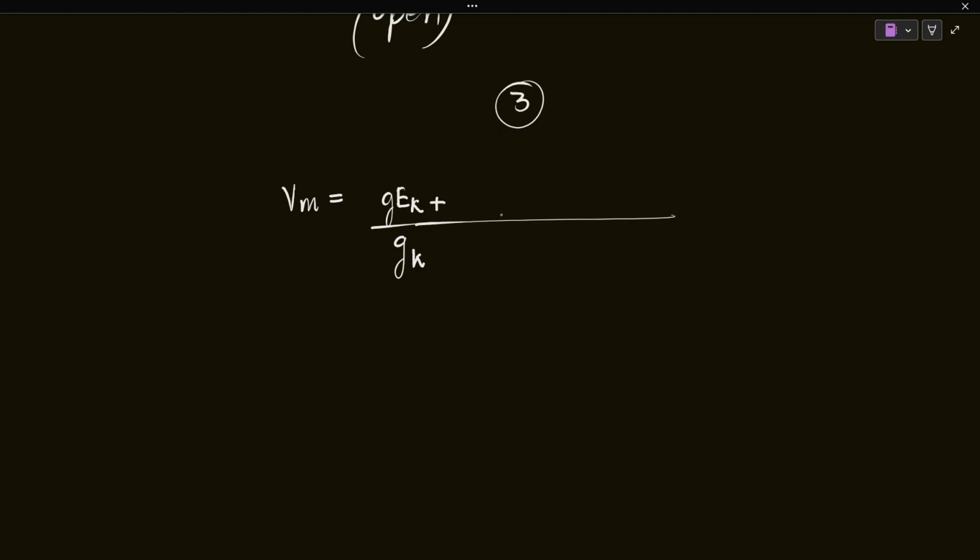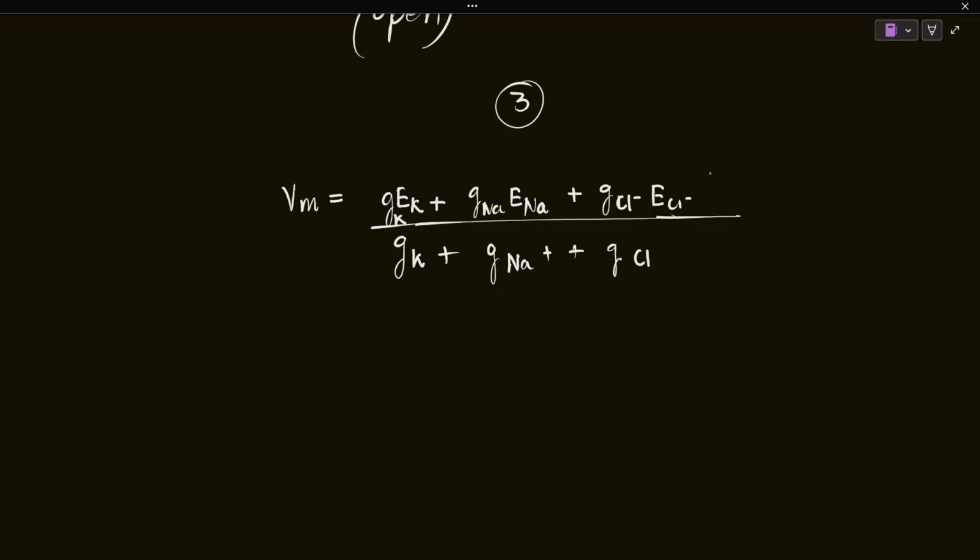We are just going to sum up all of the ions. So let me write the potassium ion conductance, then the sodium ion conductance times the equilibrium potential of sodium ions, divided by the conductance of sodium ions, and then the conductance of chloride ions times the equilibrium potential of chloride ions, plus the conductance of chloride ions.